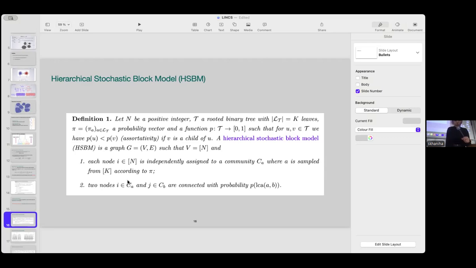We have this function P that defines a probability on the nodes, such that when V is a child of U, the probability of U is less than the probability of V. When we are lower, the probabilities are higher; when we go up, the probability is less. So in this case, we have a hierarchical stochastic block model. This is the definition of the hierarchical stochastic block model.